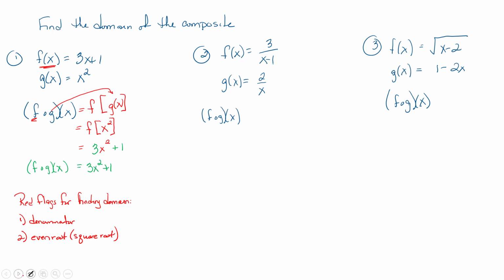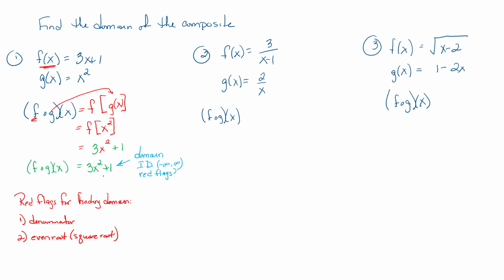Okay, so let's go back to problem number 1. Now that I found the composite, they want me to find the domain of this. So here's the deal. Remember, when you're finding the domain, the initial domain is every real number in the world. Negative infinity to positive infinity. And what you're looking for are any red flags, because if you do have a red flag, then you might be kicking out a number.